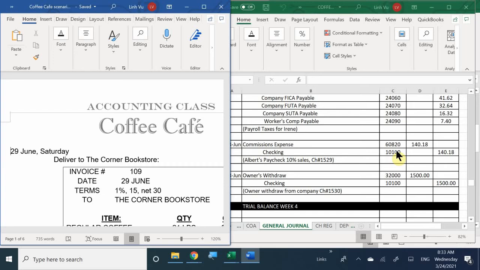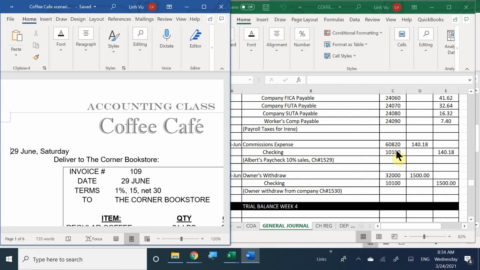Anything that has to do with periodic inventory, depreciation, amortization, all of those are going to be adjustments. They happen at the end of the given period. So, once we complete everything as is, that's when we're going to go ahead and finish off.